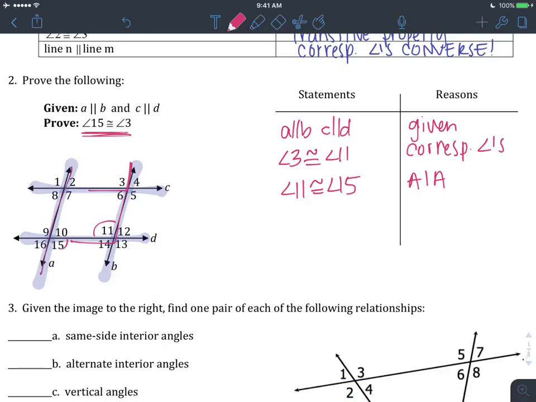So 11 is congruent to 15. And if 3 is congruent to 11 and 11 is congruent to 15, then angle 3 is congruent to angle 15 by the transitive property. And that is it for our second proof.